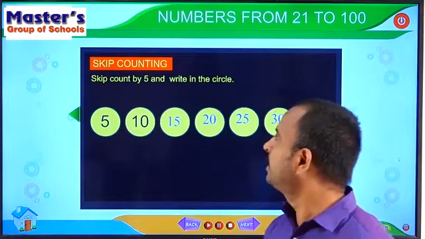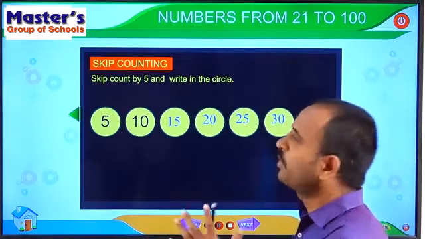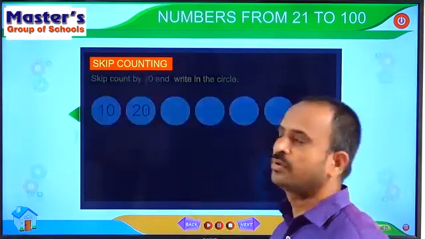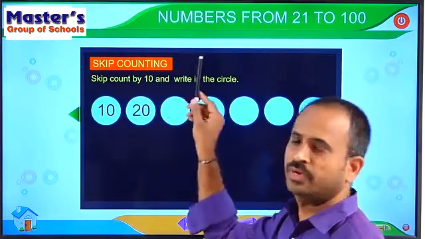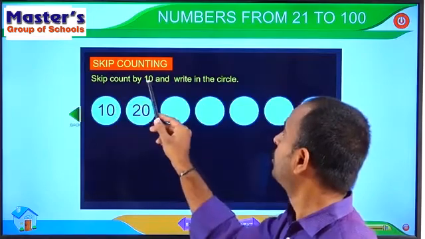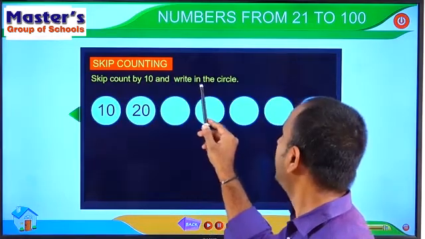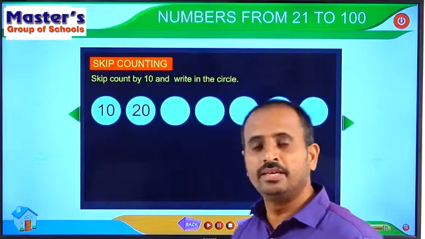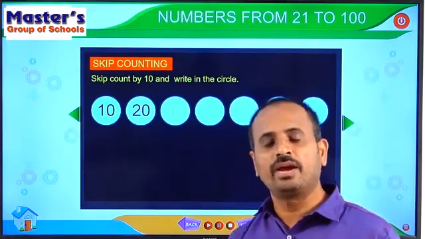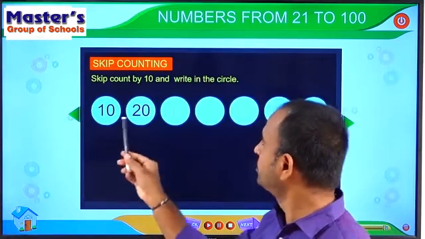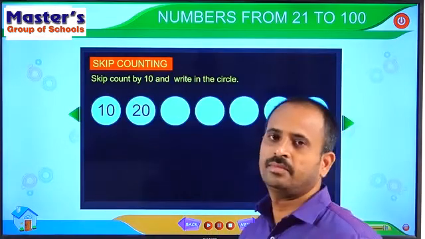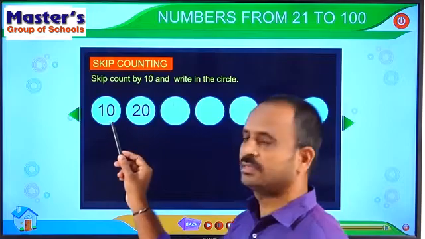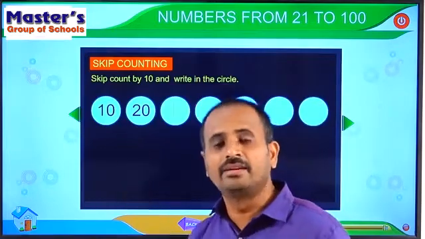So children, let us practice some more problems on skip counting. And again, another example for skip counting. Here, skip count by 10 and write in the circle. So here again, we have to add 10 to each number and write the number in the circle. So the first given number is 10, and add 10 to the 10.